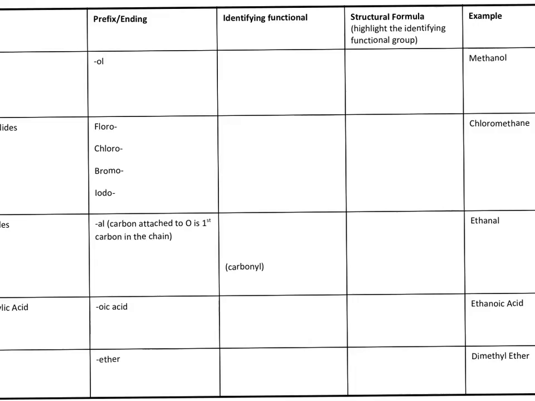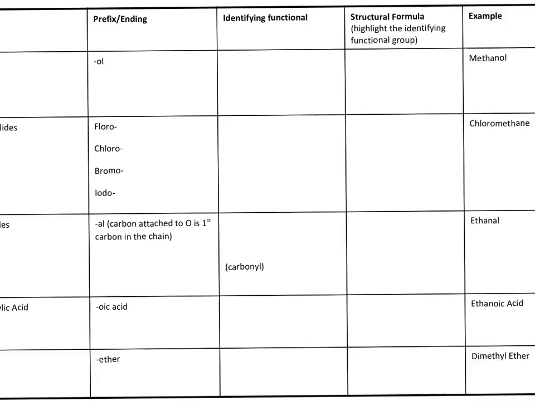So, for example, the very first functional group that you are going to be responsible for understanding is the alcohol functional group. The alcohol functional group is a generic term for any hydrocarbon that has an OH attached to it. So you might have heard of things like methanol or ethanol or propanol.